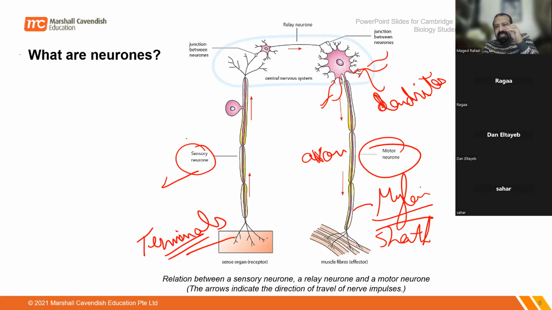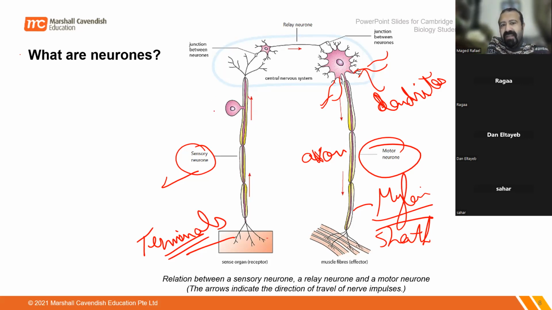I'm sending a message saying my body is at risk. I have a needle, a hot plate, any kind of unpleasant smell, whatever the stimulus was. So should I pass through the cell body like that and then go on? No.